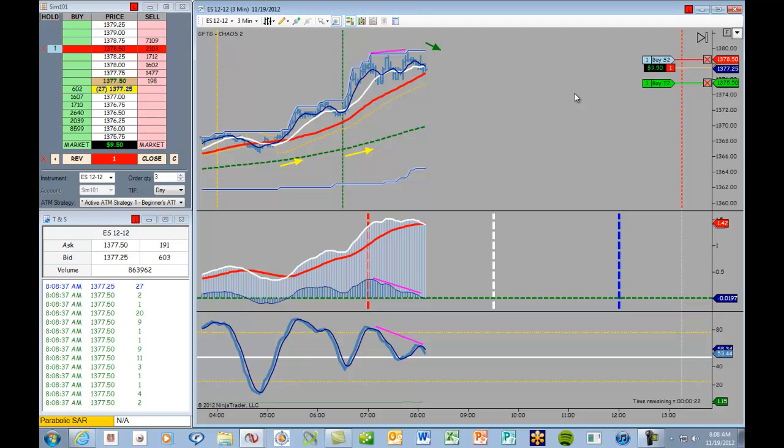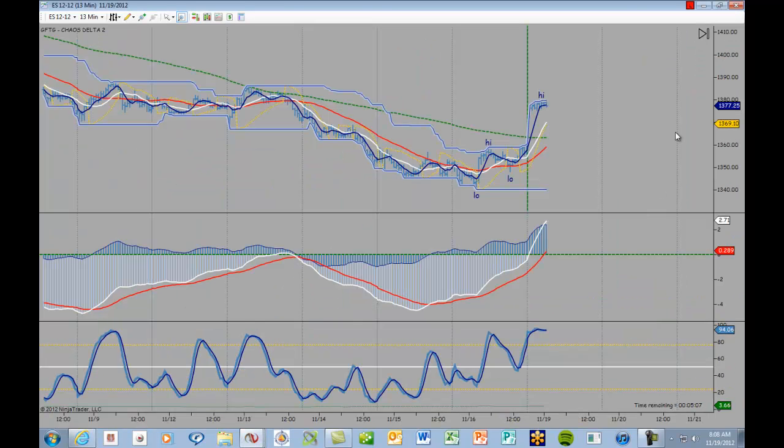Now, just to give you a little bit of a preview of coming attractions, one of the things that we'll be doing in the trading room is we'll be checking periodically, usually at the beginning of the day, to see where our turning points are.